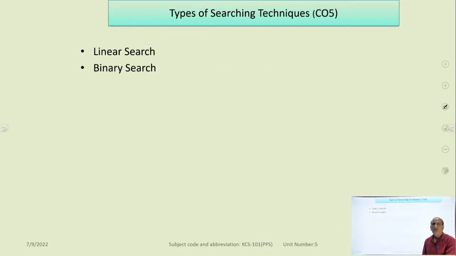There are two types of searching technique, as I have already told you. First one is linear search, and in linear searching we keep on comparing each element with the desired element, moving to the next element and comparing it, and if we find it, the search is successful, otherwise unsuccessful.